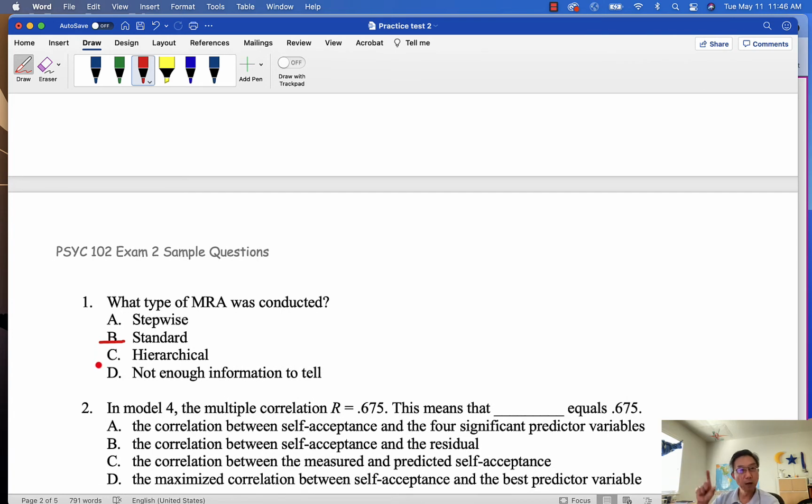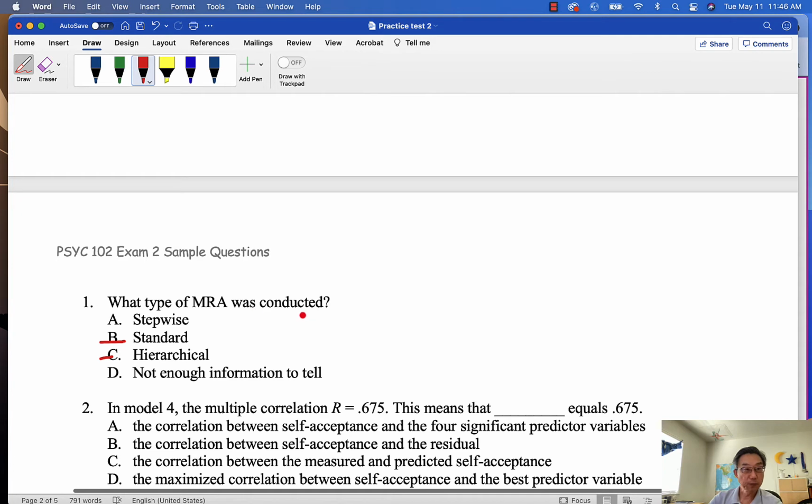Remember, in a hierarchical multiple regression analysis, the researcher would specify which predictors enter the regression equation and in what specific order of entry, which variable goes in first and which one goes in later, and so on. But again, all 7 predictors would have been specified if hierarchical multiple regression had been conducted. So hierarchical multiple regression is not the case.